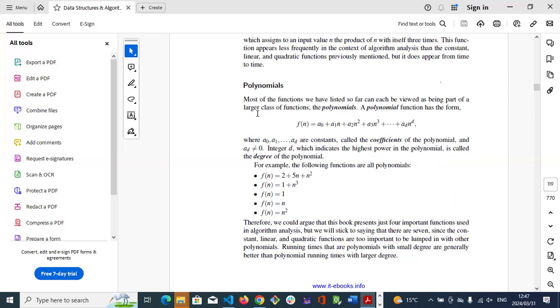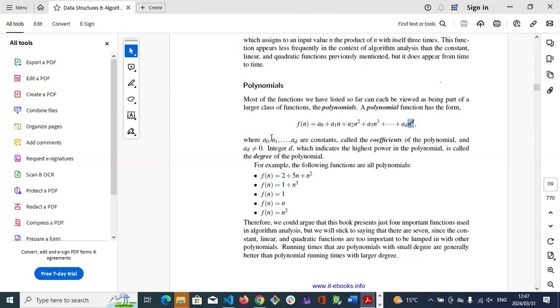called the polynomials. A polynomial function is of the form f of n equals a sub 0, plus a sub 1 n, and this is a constant, the one that we talked about first, and this is a linear, and then a sub 2 n to the power of 2, this is a quadratic, and then this is a cubic, a sub 3 n to the power of 3, and so on. That's why it means many forms.